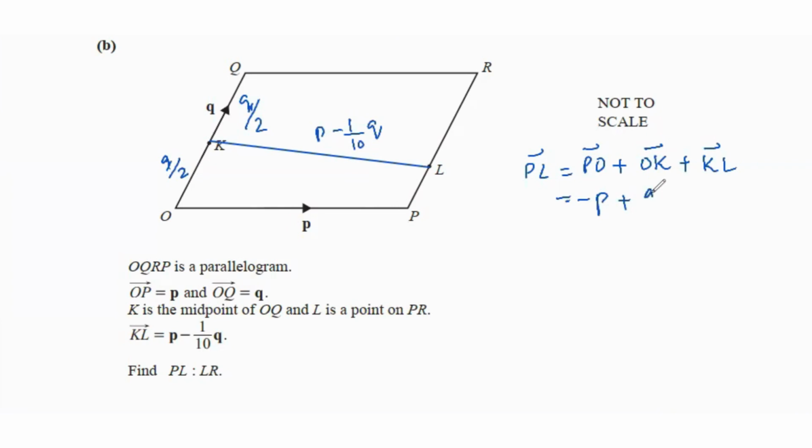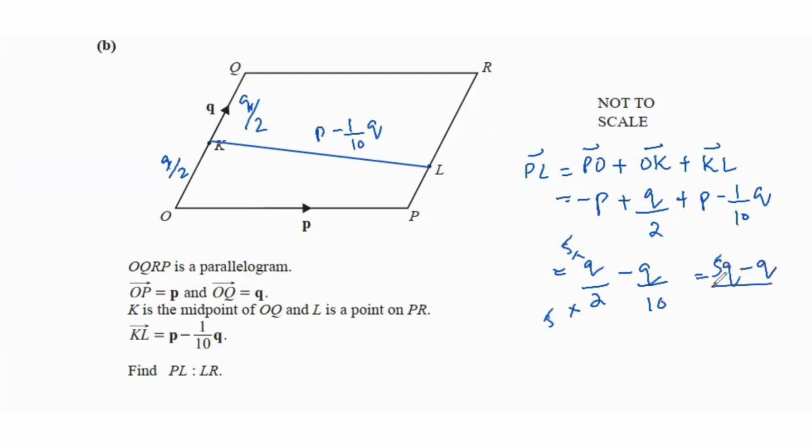OK is Q over 2 and KL is P minus 1 over 10 Q. So negative P plus P is 0 and you have Q over 2 minus Q over 10. Multiply this by 5 to make the denominators equal. So that's 5Q minus Q over 10 now, which is 4Q over 10.